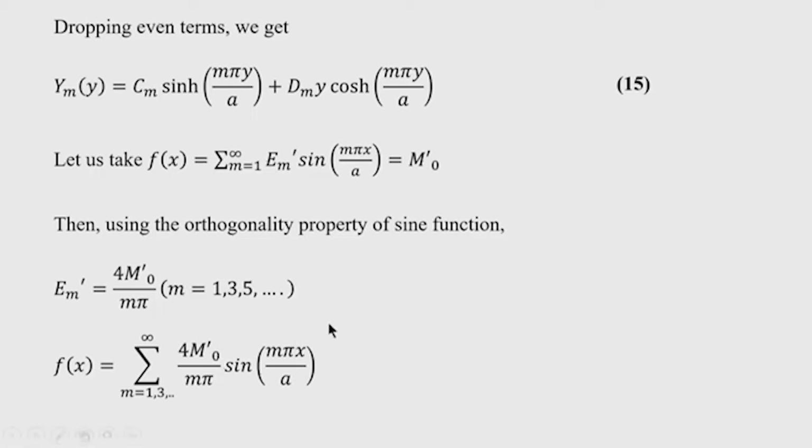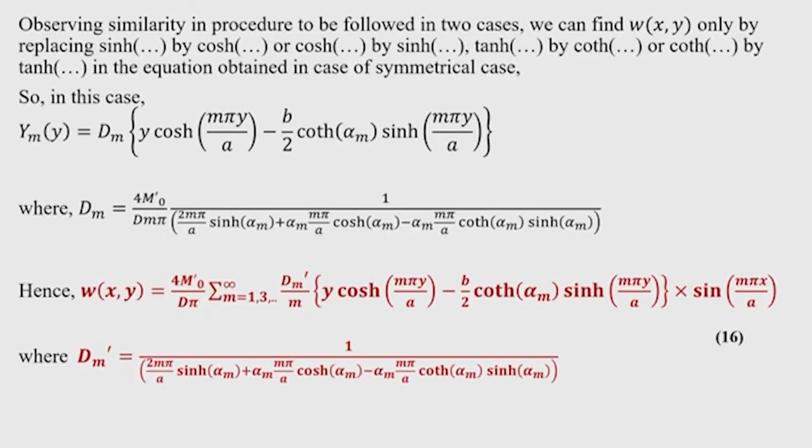In the case of uniformly distributed moment, we get the constant m naught on the two edges, but it will be opposite in the other edge. If in one case it is sagging, in the other case it will be trying to hog the plate.